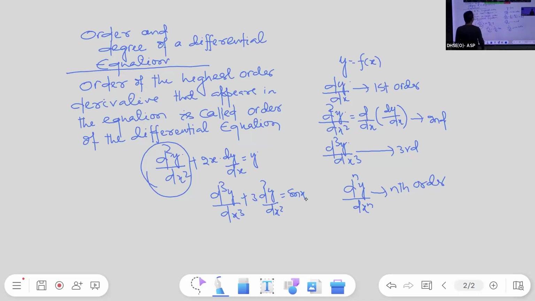Then come to degree of a differential equation.